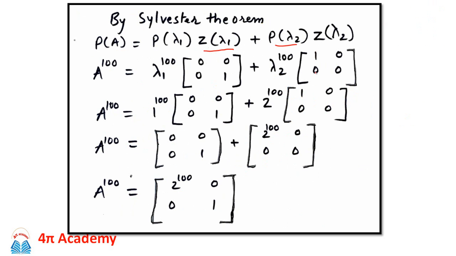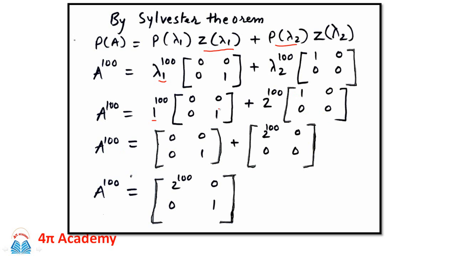Therefore A raised to power 100 will be equal to, first let us substitute the first eigenvalue lambda 1 equal to 1, so it is 1 raised to 100 into 0, 0, 0, 1, plus lambda 2 is 2, so it is 2 raised to 100 into 1, 0, 0, 0.